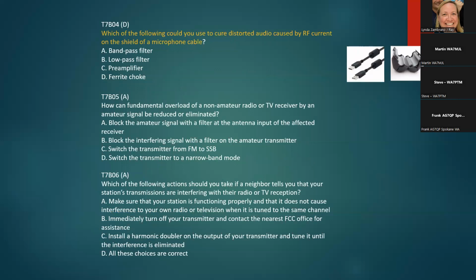And which of the following could be used to cure distorted audio caused by RF current on the shield of a microphone cable? Sometimes when you have a long cable, you can actually get noise generated by your transmitter on the microphone cable.